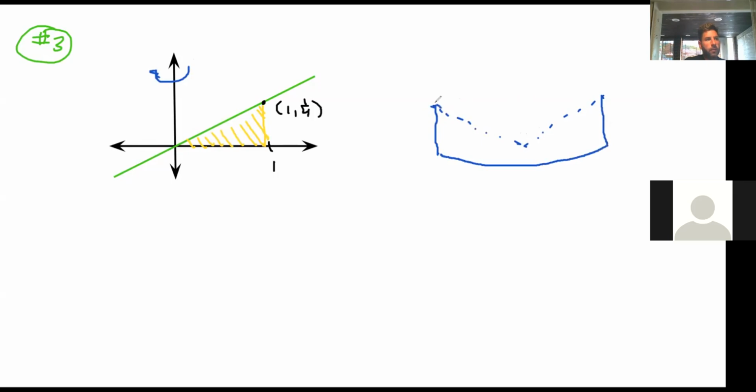Sort of like this, maybe you want to imagine this as a hockey puck with a cone hollowed out of it. But this is sort of the solid that you get.